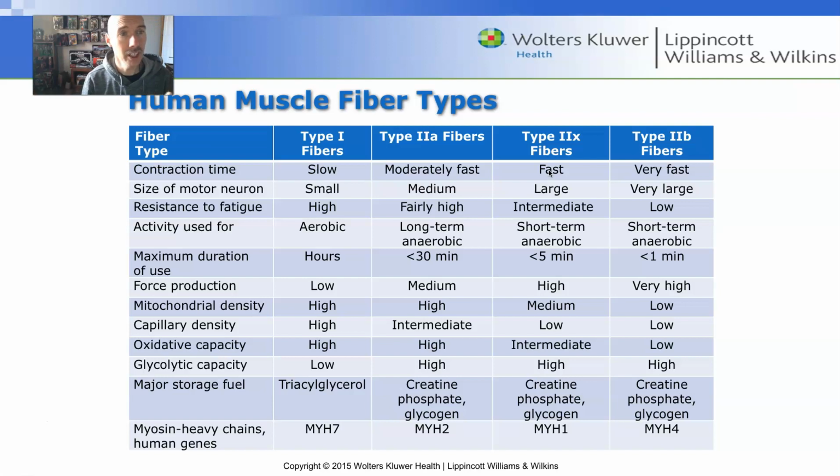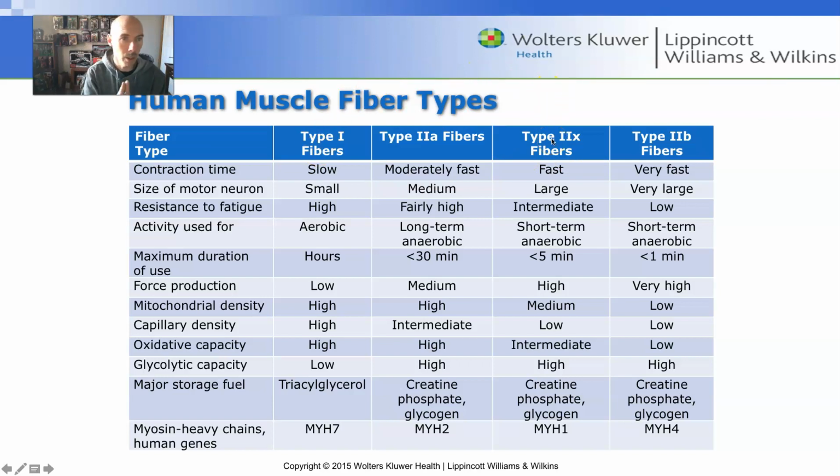Now, you're never going to just use one. Even sprinting a short distance, even though it's going to rely mostly on type 2X, type 1 fibers are still going to be used, but it's primarily going to rely on this. On the opposite end of the spectrum, a marathon, a 26-mile run, is mostly going to use type 1, but there's still going to be some contribution from type 2X.